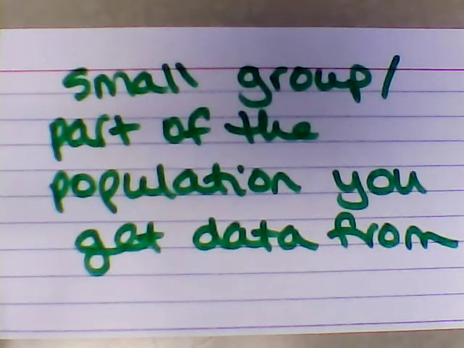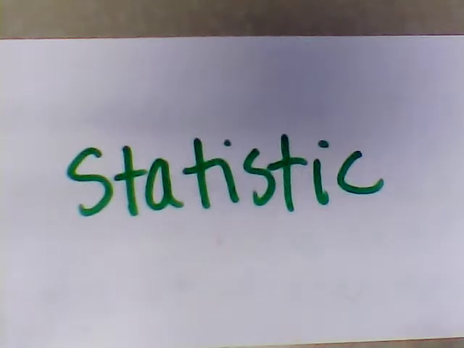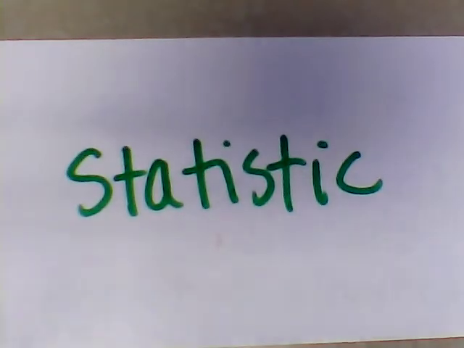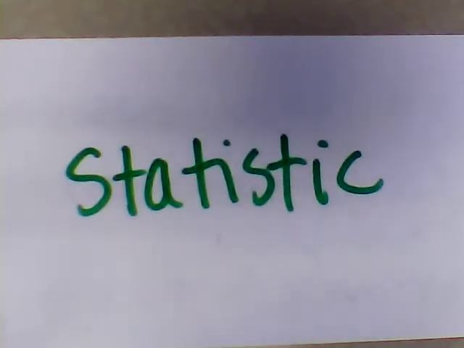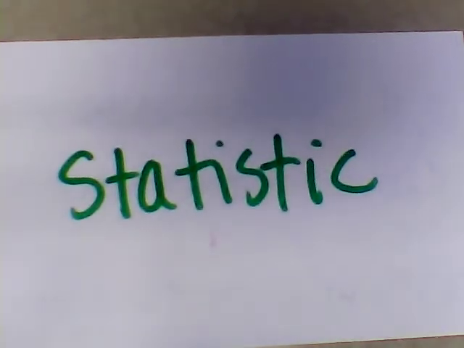That's my small group. Once I get my small group of people, I'm going to ask them, okay, well, what was your SAT score? After I get all of the data from the sample, I will be able to calculate a statistic. Yay, the name of our class. So statistic, sample, they both start with S. They go together.